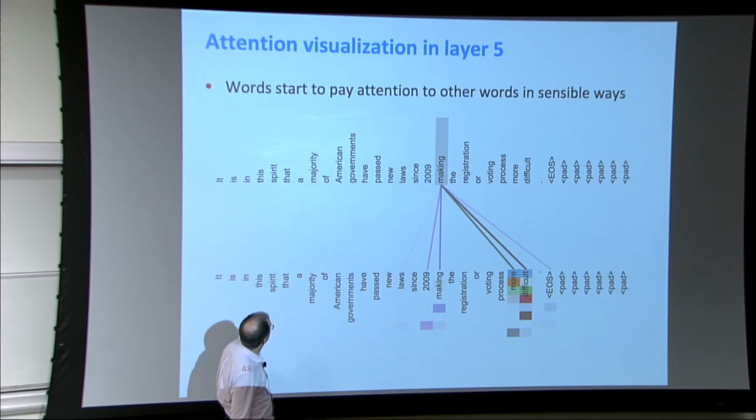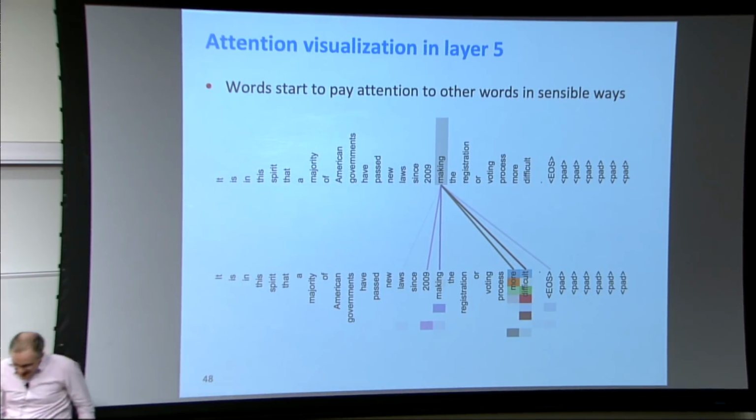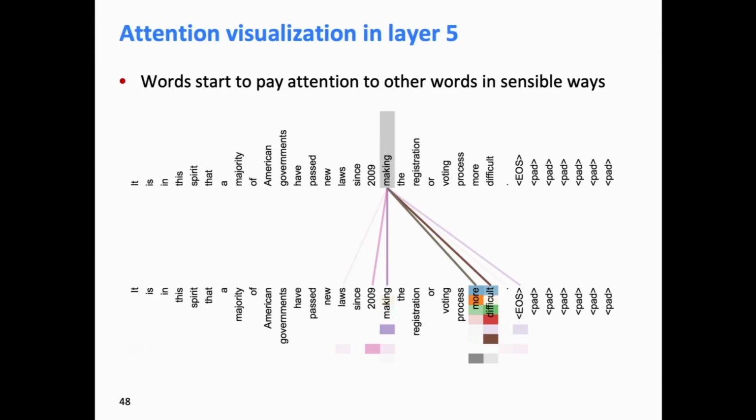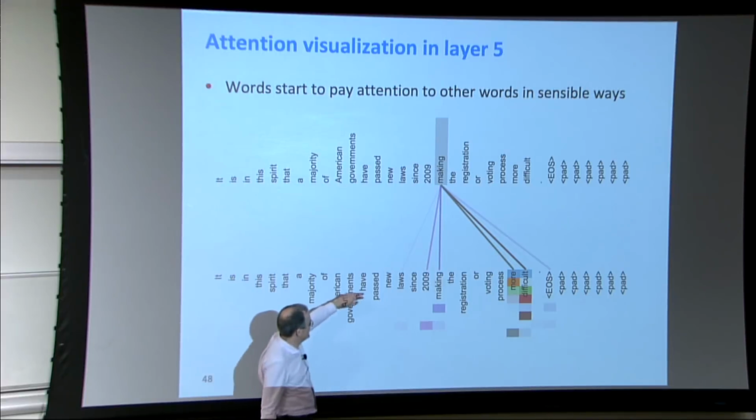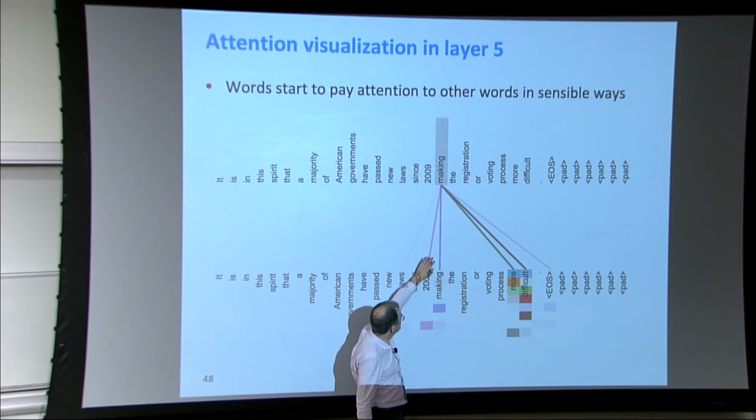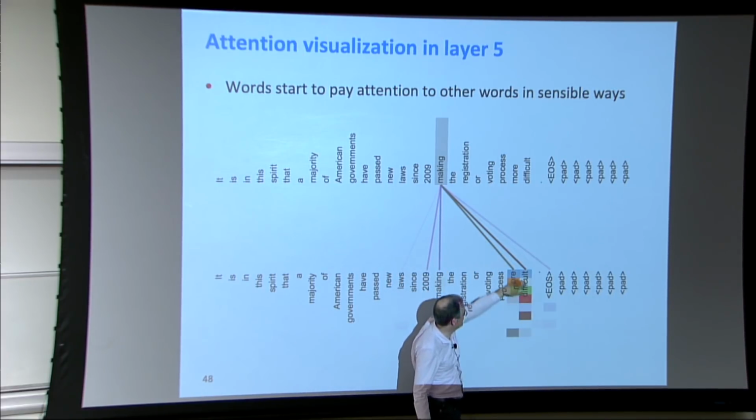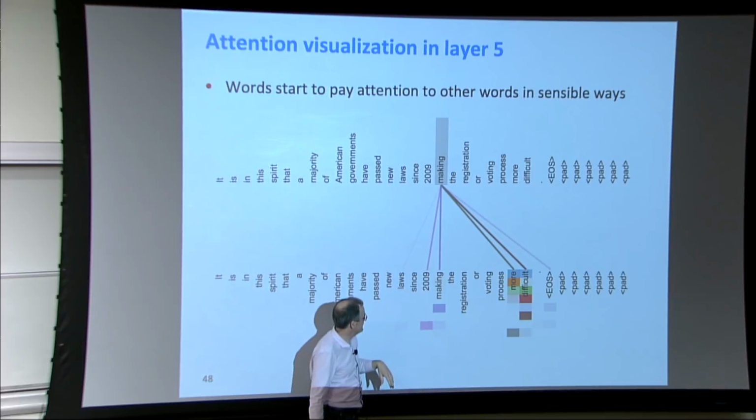And so the sentence is, "It is in this spirit that a majority of American governments have passed new laws since 2009, making the registration or voting process more difficult." What we see is that most of the attention heads look from making to more difficult, and that seems to be useful.